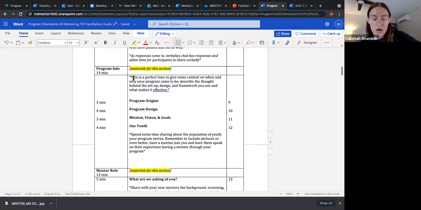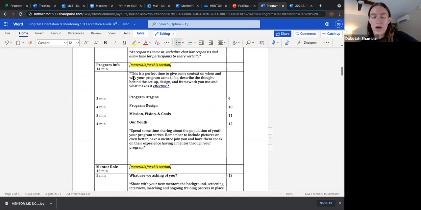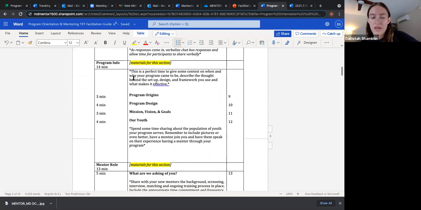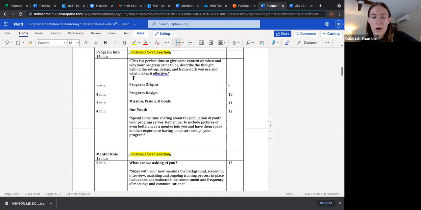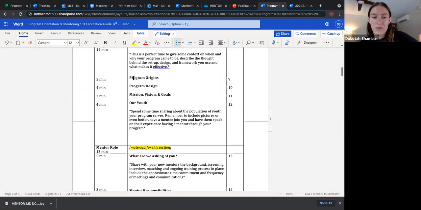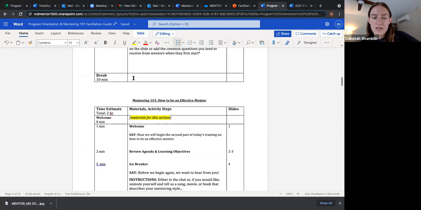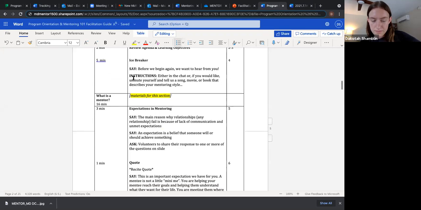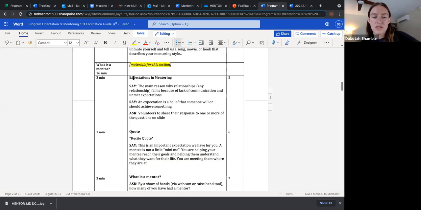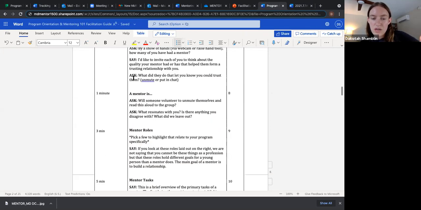The asterisks are things to keep in mind or certain things to do, like debrief a video, or a reminder that this is the perfect time to give context on why your program came to be when we're talking about program orientation pieces. Then we get down to the mentoring 101. Again, you might have materials for a certain section. It just goes along like this.